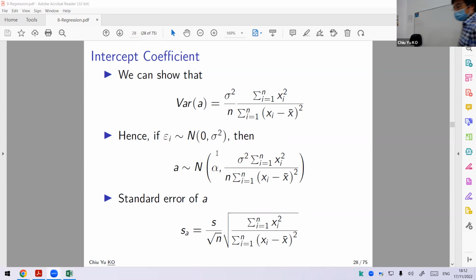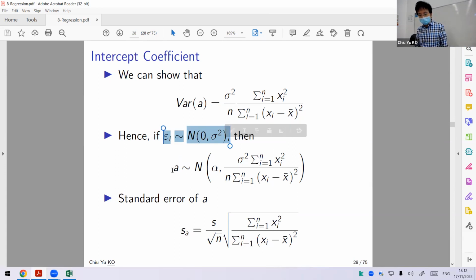So what we're trying to do is see how to interpret the A. Same as before, if you don't make any assumption on the epsilon, we cannot go further. If you allow epsilon to follow the bell curve, it turns out A is also a bell curve.